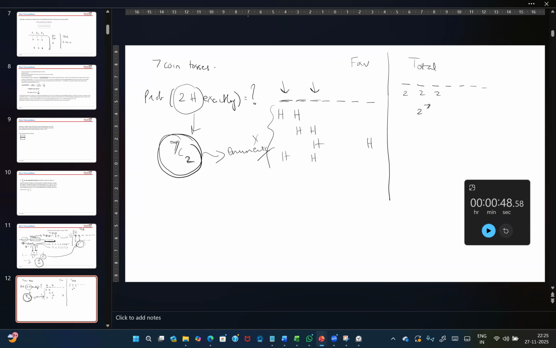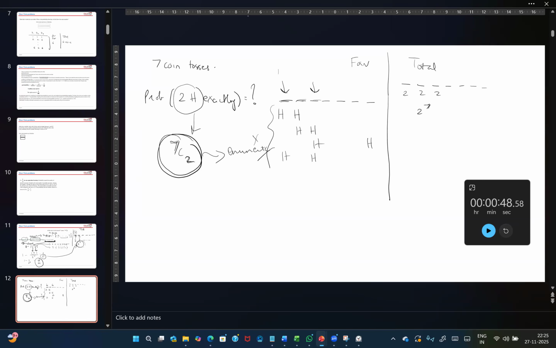Because it's the same, no? Oh, okay. But one second. If I take 7 spaces, the first head took the first spot, and then there are 6 spaces, so the second head took the second spot. So you're saying that even if I reverse it, it's the same case. Correct, exactly my point.